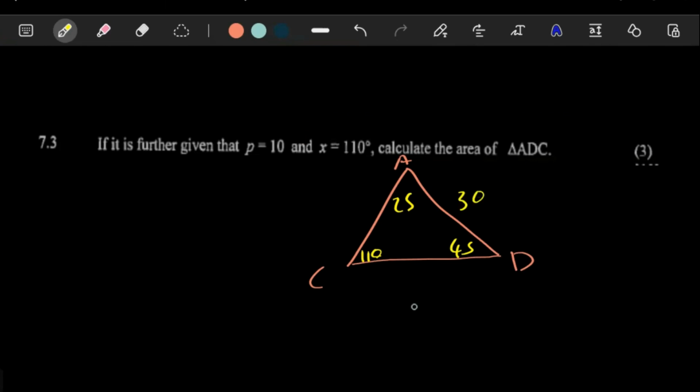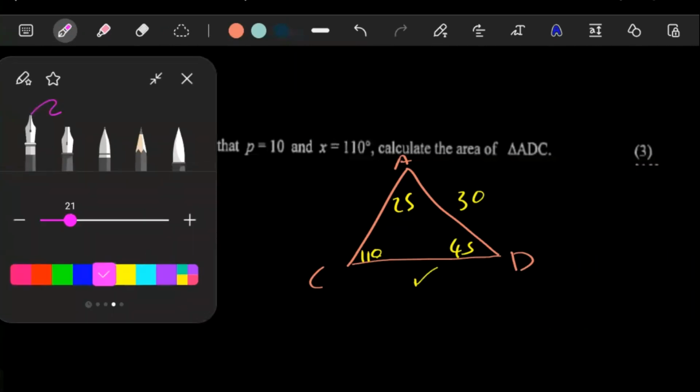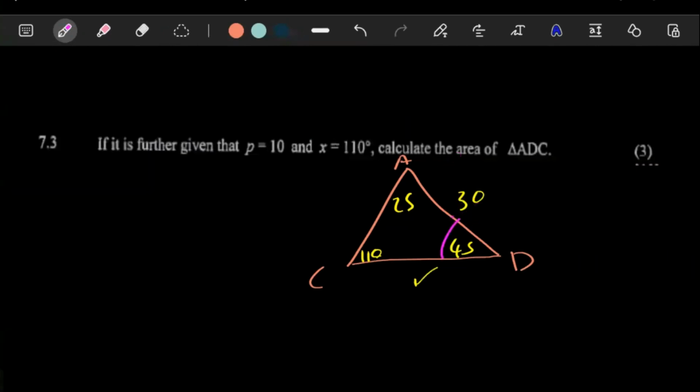And then this whole thing here, we have whatever it is, but we don't have to write it all out for now. Let's maybe just put a tick. So we have CD and we have AD, and we obviously have the angle in the middle. So using the area rule, that's what we can use.